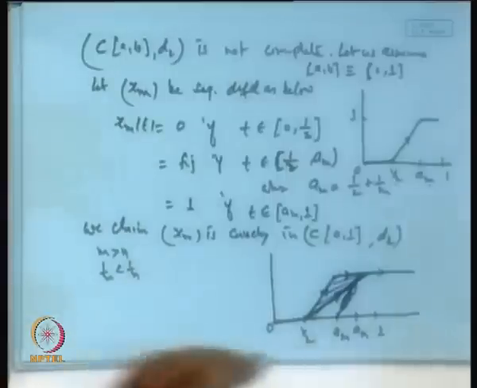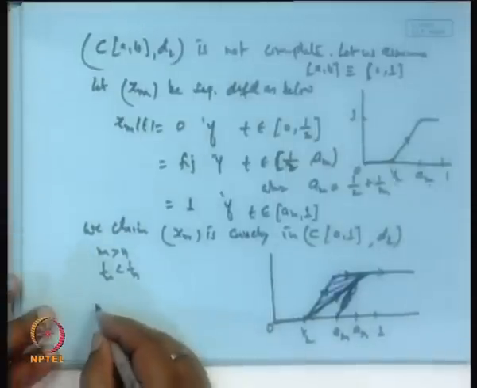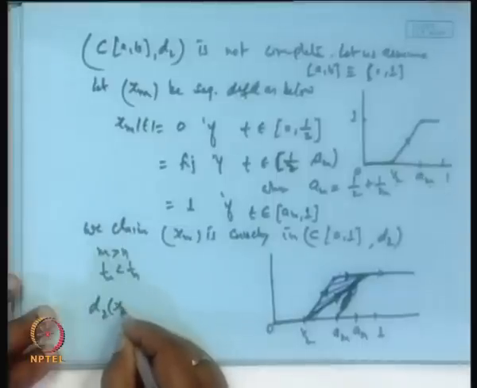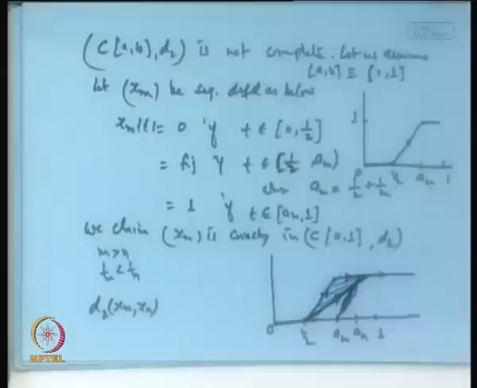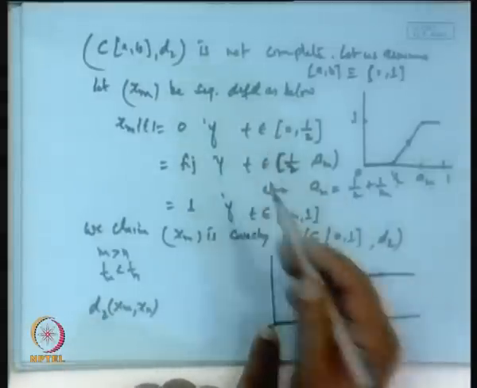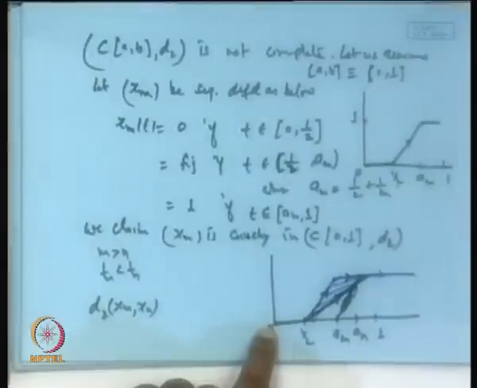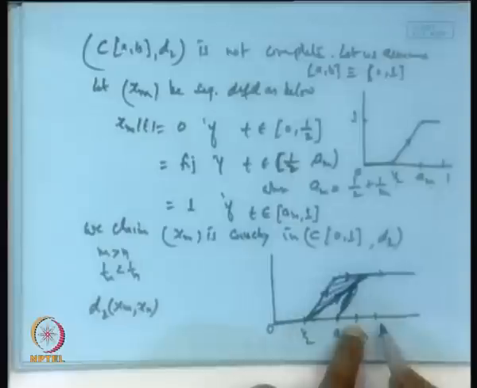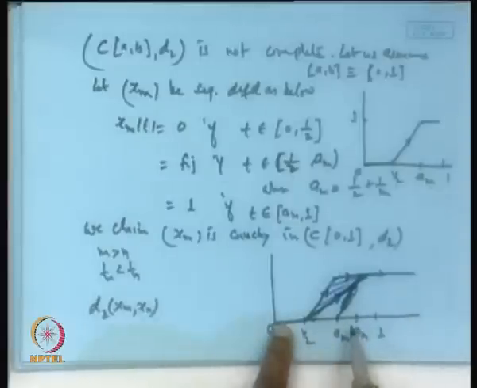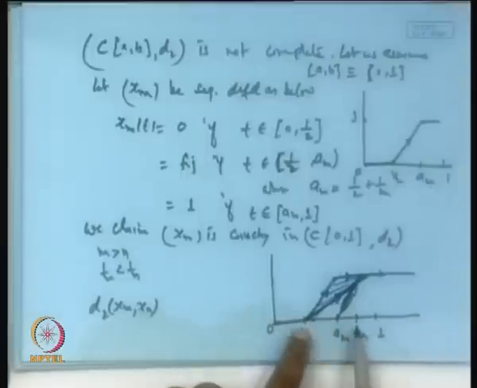Now, when you take d2 of x_m, x_n, what happens? From 0 to 1/2 both are equal, so the integral from 0 to 1/2 will be 0. From a_n onward again both are the same, the problem will come only between 1/2 and a_n.